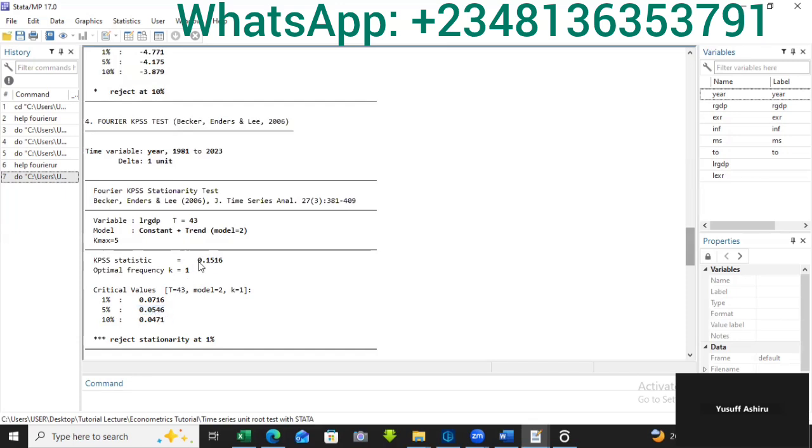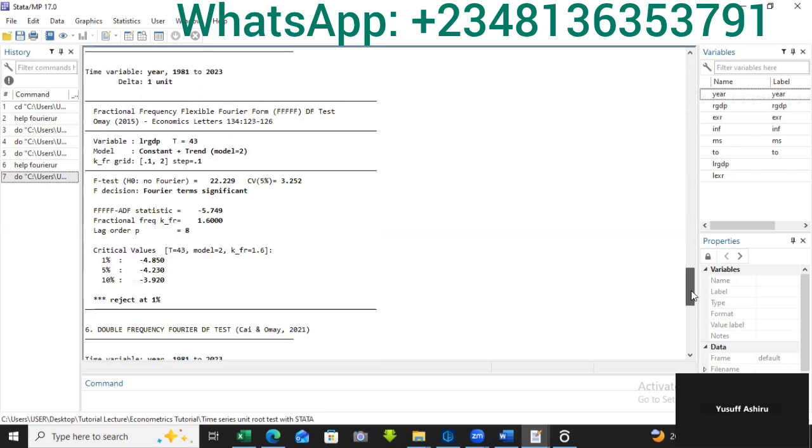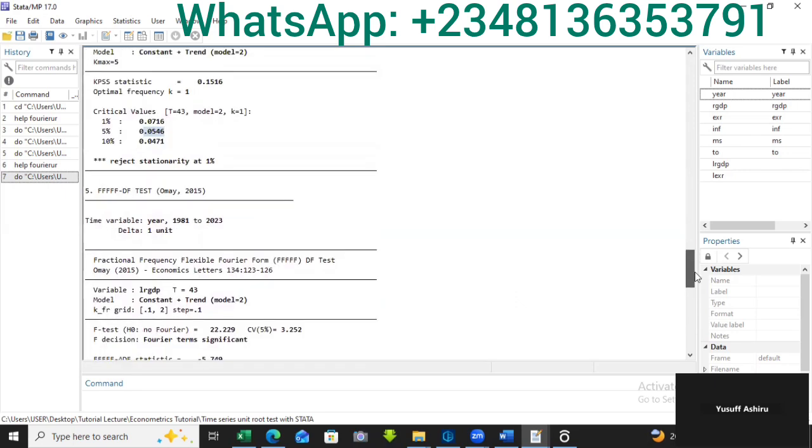So the test statistic is greater than this, and we reject the null hypothesis. The null hypothesis under this KPSS test is that the series is stationary, therefore rejecting it means that this series is not stationary. So the Fourier KPSS stationarity test results indicate that this series is not stationary. Those 4 tests are directly comparable.